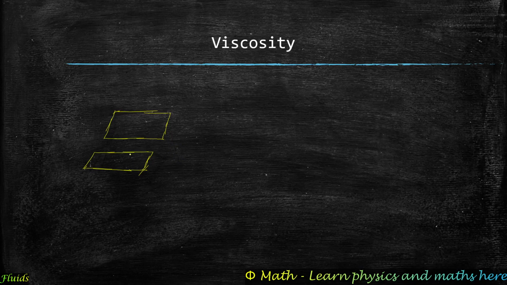So we can see that if fluid is flowing, then if we zoom in very clearly, we can see different layers of fluid. We can assume these layers to be very thin.